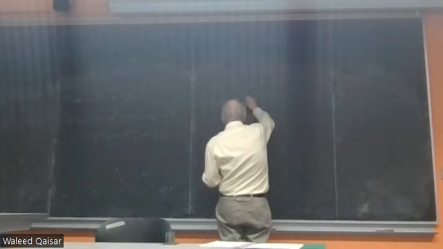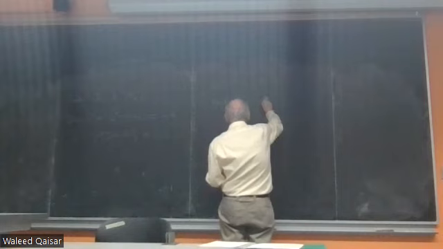So we're talking about partitions of n, where n is 2. So partitions of 2, you can have the partition 1, 1, and the partition 2.